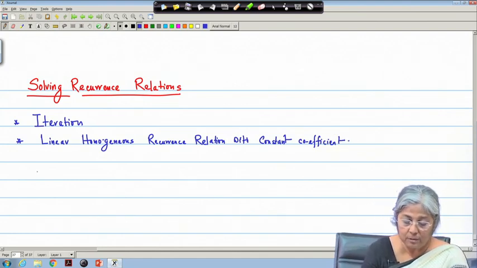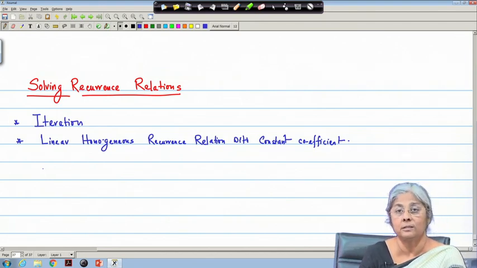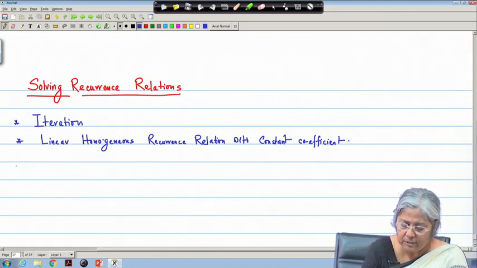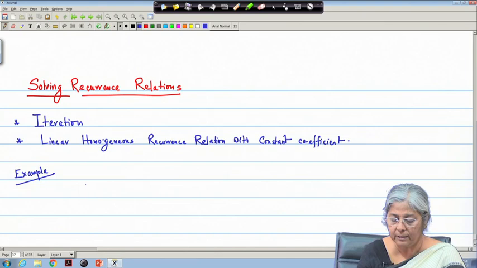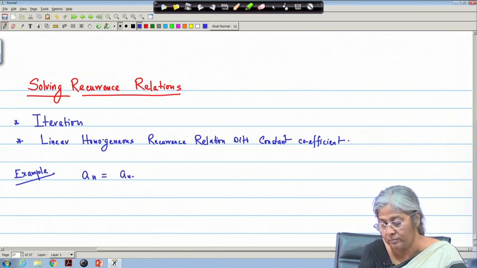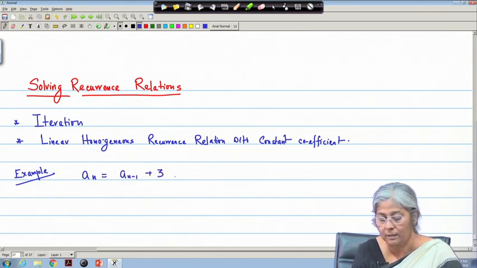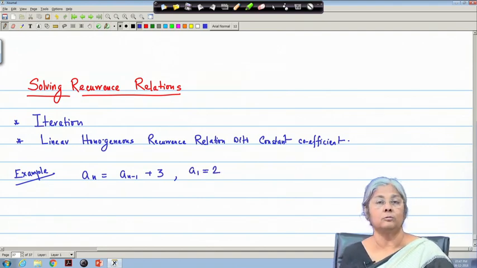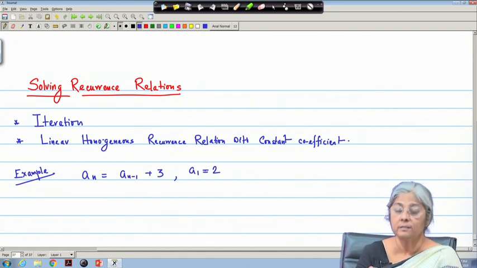So, first we see how we can apply iteration to solve recurrence relations. Okay. We take one very simple example of a sequence. Say I have a recurrence relation a_n equals a_{n-1} plus 3, and I give the initial condition a_1 equal to 2. What is iteration?